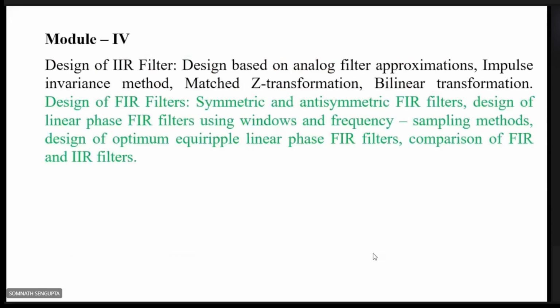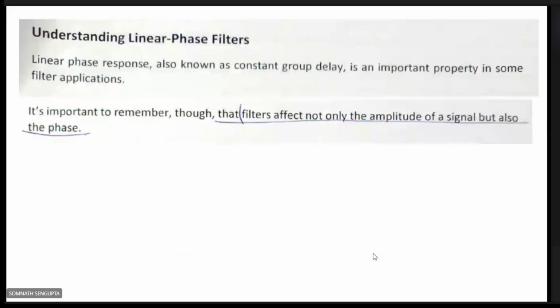Do you have any idea about linear phase system? What do you mean by linear phase? Harshvardhan? Sir, when we were doing the experiment of filter, we saw the phase response. It was like a straight line.